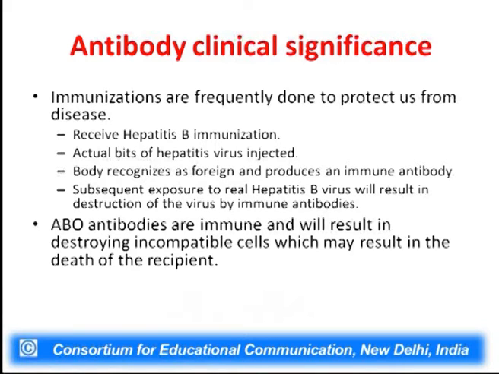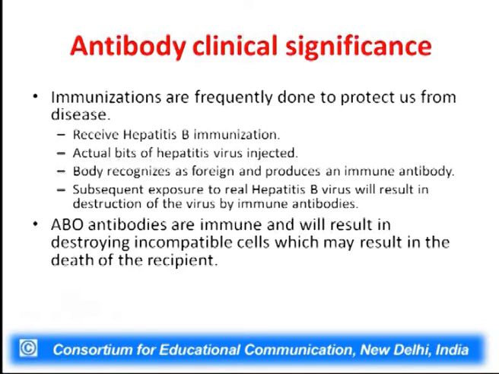We receive hepatitis immunization, direct subunits of hepatitis viruses which are injected to raise antibody titers, and the body recognizes foreign bodies and produces antibodies. We also have been exposed to real hepatitis viruses, which may result in the destruction of the virus itself.